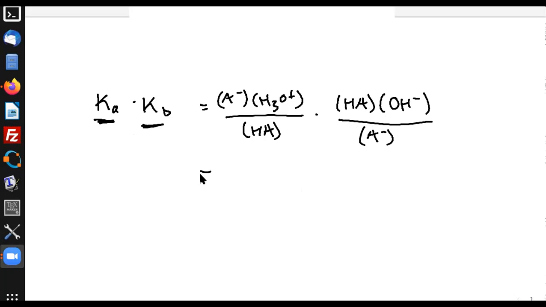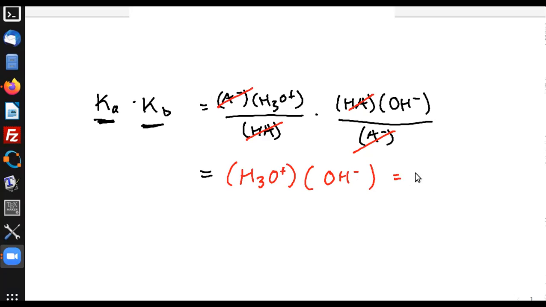And we can see that HA occurs in both numerator and denominator. A minus occurs in both. So this is just H3O plus times OH minus.